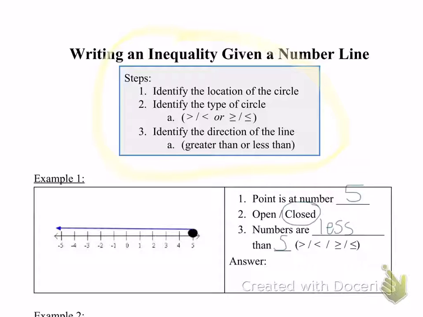Since it's a closed circle, we know we're not going to be using the two without the line under them. And it's not going to be the greater than symbol because all the numbers are less than 5. So x is less than or equal to 5. And that is all. Just follow the little steps and figure out what the number line is actually saying.